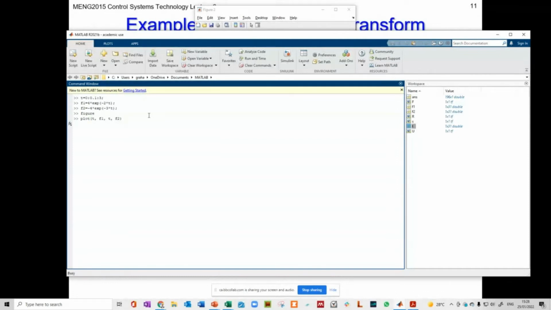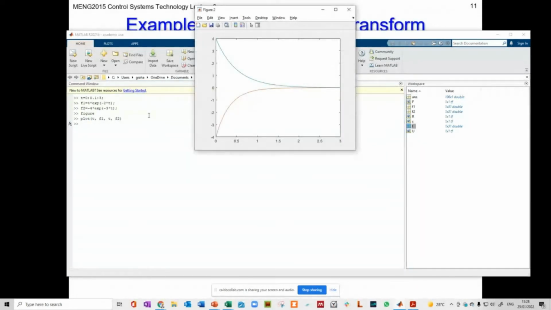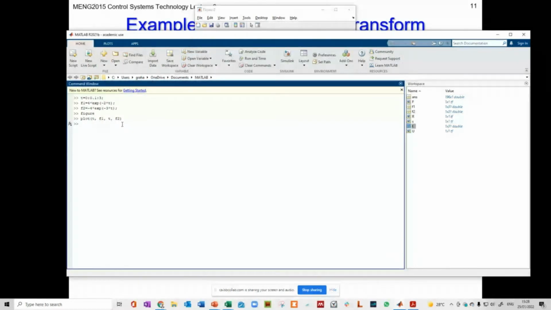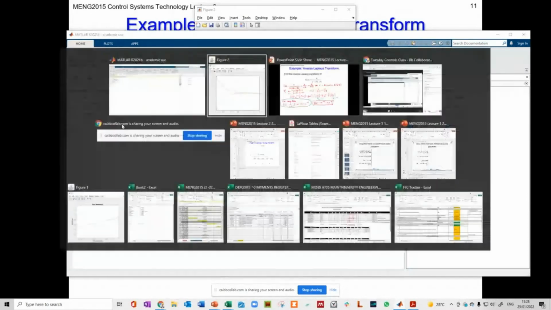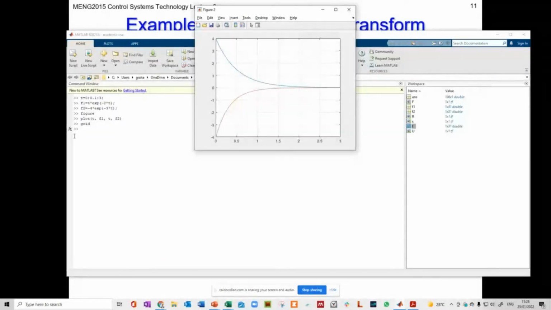I think I can do it this way. All right, so there are my two parts of my time response. The negative one, starting here, has a coefficient of minus 3t, and the positive one, starting here, is the plus 4 minus 2t, coming down like this. To make it clearer, we're just going to turn the grid on. You can toggle the grid on a graph on and off by just typing grid in the command window.